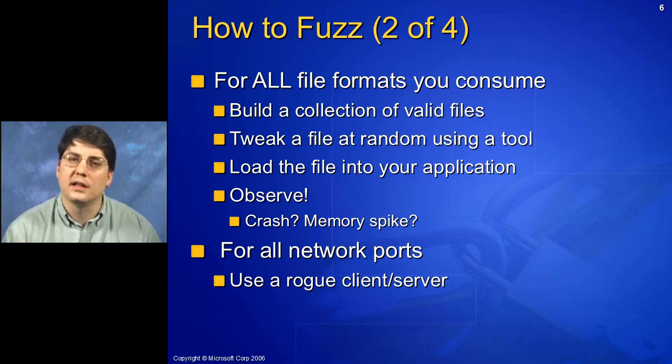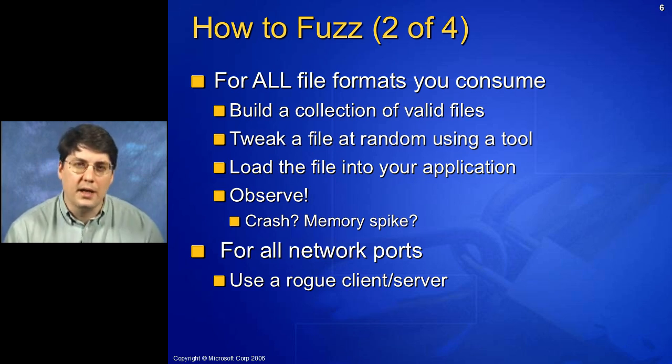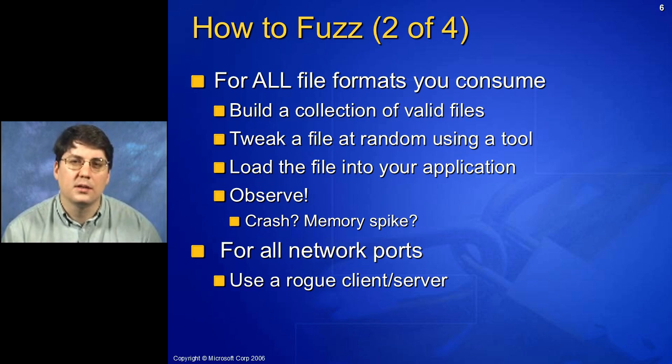For network-facing things and for things in general, build a rogue client or server. Don't rely entirely on your own pre-existing client or server, in part because clients and servers tend to produce correctly formed data according to the protocol.